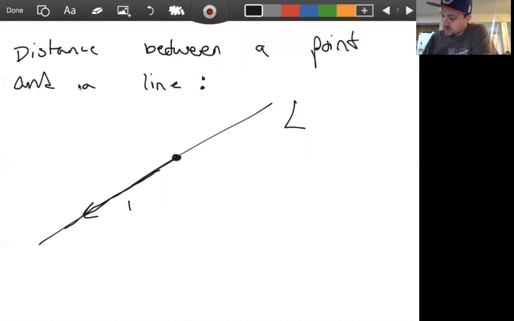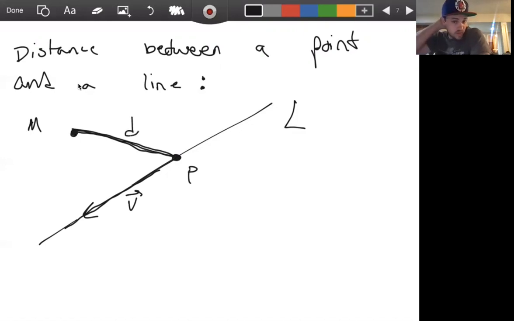Let's change it up a little bit. So here's v. Let's say we have a point on the line P, and we take an arbitrary point not on the line, call it M here, and we want the distance. We want this linear distance from a point to the line.